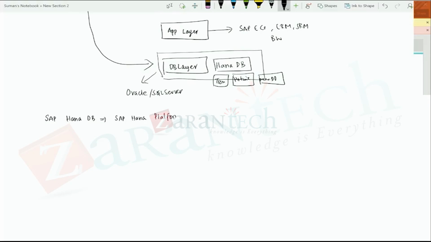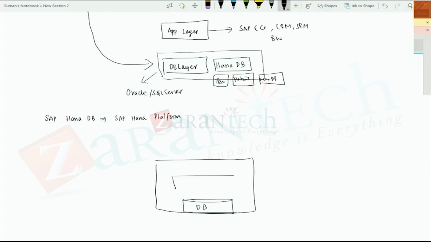What does a platform mean? Now, SAP HANA database originally contained the database capability. But in addition to that, it also brought in an application layer directly within my HANA database.